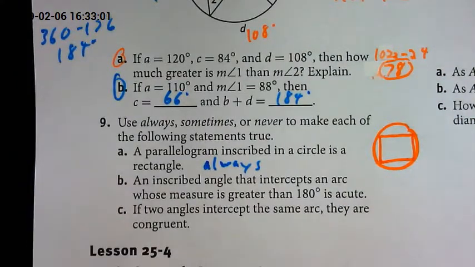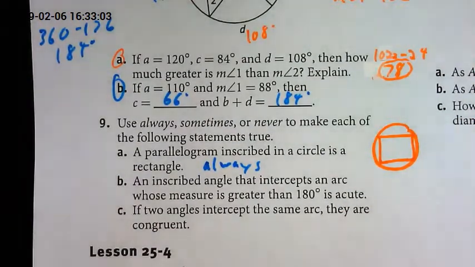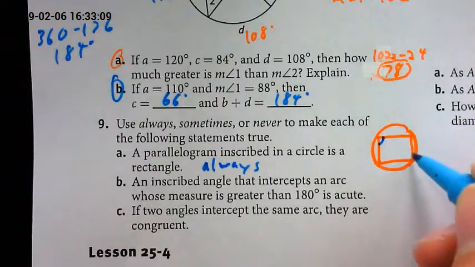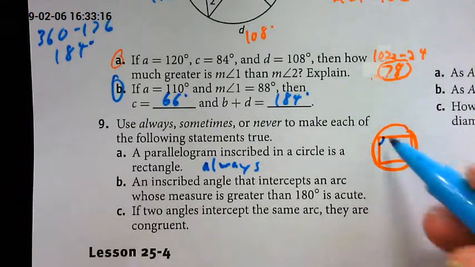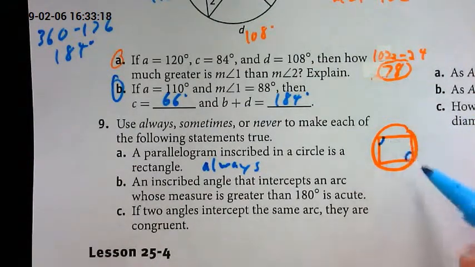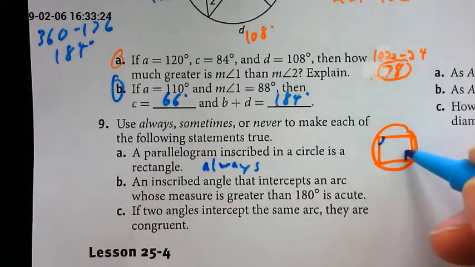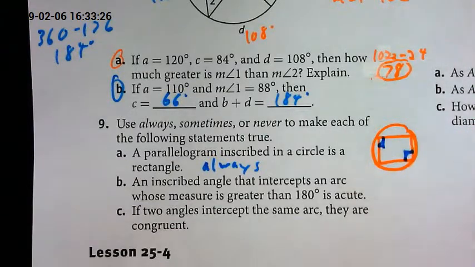Now, knowing our properties of a parallelogram, the opposite angles have to be congruent, right? If these two angles also have to be supplementary, meaning they add up to 180. Well, 180 divided by 2 is 90. So now, they're actually right angles. What's our definition of a rectangle?